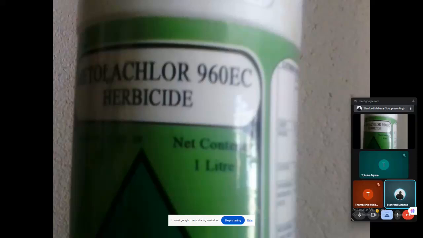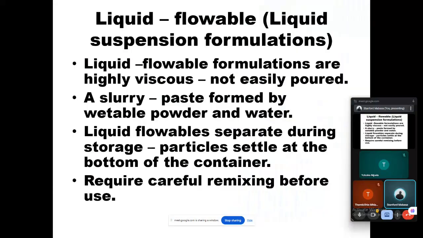I said if you mix that substance with water, there's going to be a milky sort of appearance after mixture. Propaquizafop, it's a herbicide, it's an EC again. Agile, EC again.